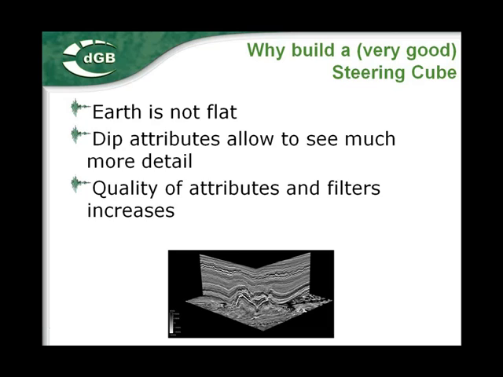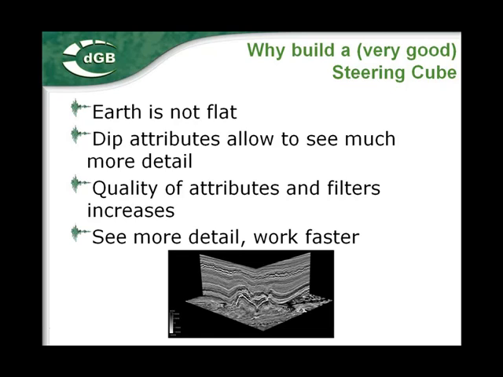Also, you can use it to steer attributes or filters that have a step out. So an operator that goes from the center trace to a trace to the north, to the south, to the east, to the west, to do that extraction not along a horizontal plane, but steer that extraction along the seismic reflectors and therefore be more geologically correct in the attributes or filters that you're making.